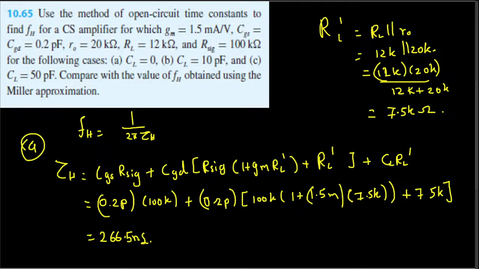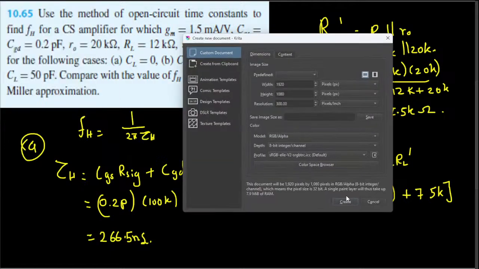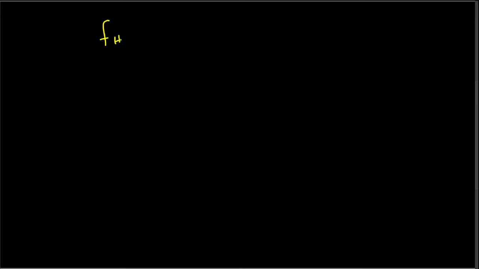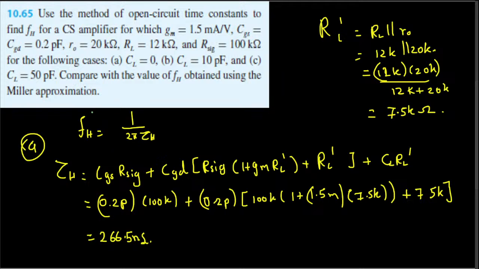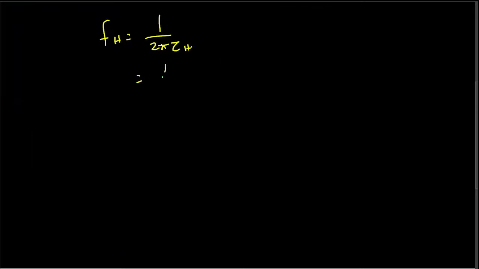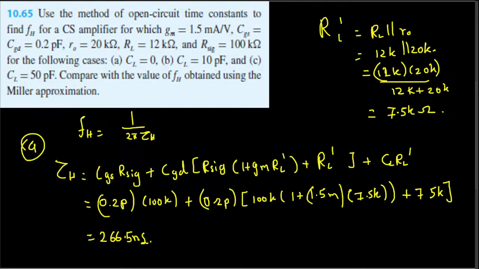Then once you find that, you just plug it into this equation: FH is equal to 1 over 2π τH. Let's go ahead and plug it in. So we are going to find the frequency FH, which is equal to 1 over 2π times τH, which is 266.5 nanoseconds.